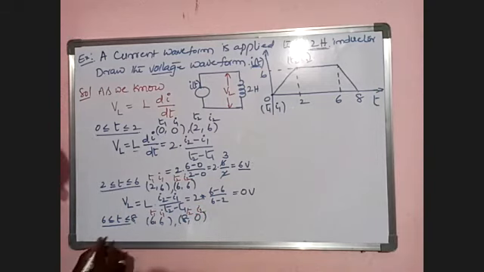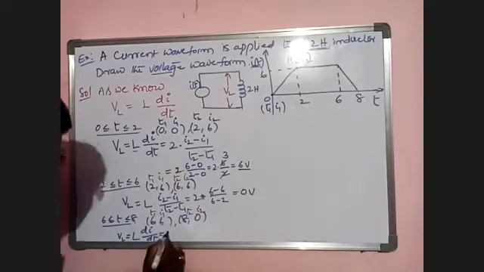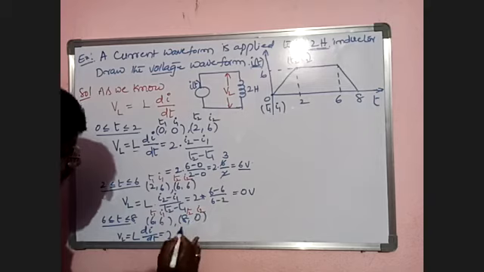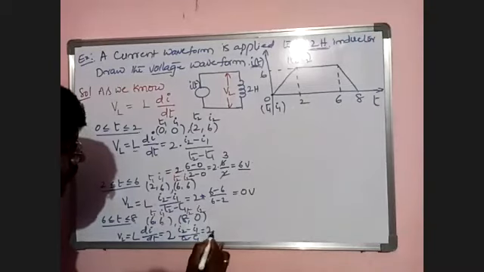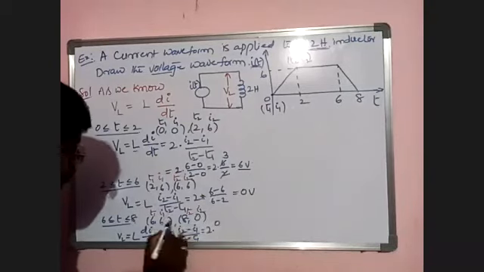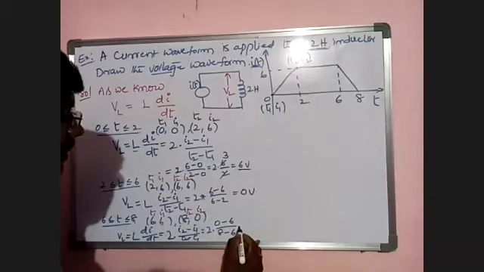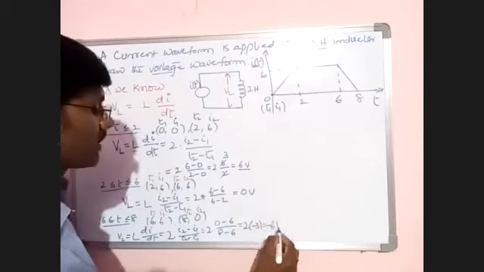Here VL is equal to L into di by dt. So 2 into I2 minus I1 by T2 minus T1. That is 2 into 0 minus 6 by 8 minus 6. This gives 2 into minus 3, which is equal to minus 6 volts.